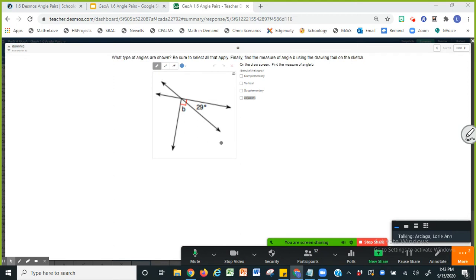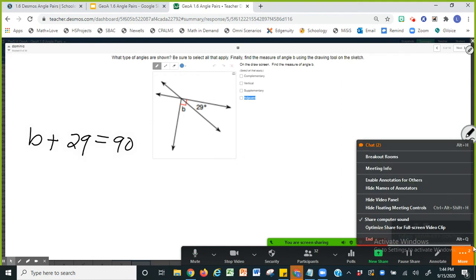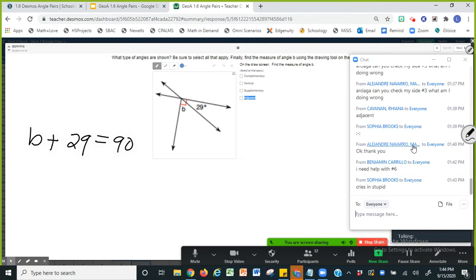Now, how do we find the measure of angle B? Since the two angles add up to 90 together, you get B plus the given angle over there, which is 21. So then it's like you're solving an equation for B by itself, right? So what are you going to do with the 29? Back it. Yep, and then you. Yep, that's the way to go.